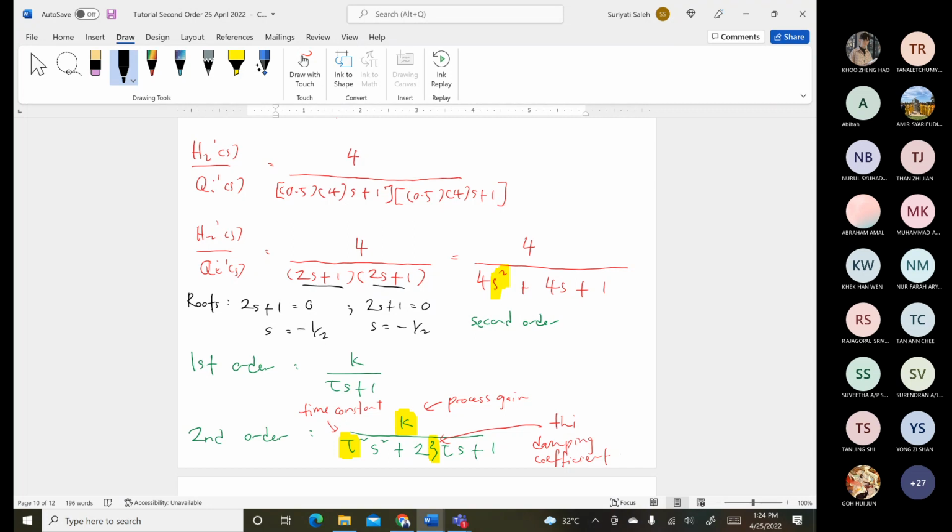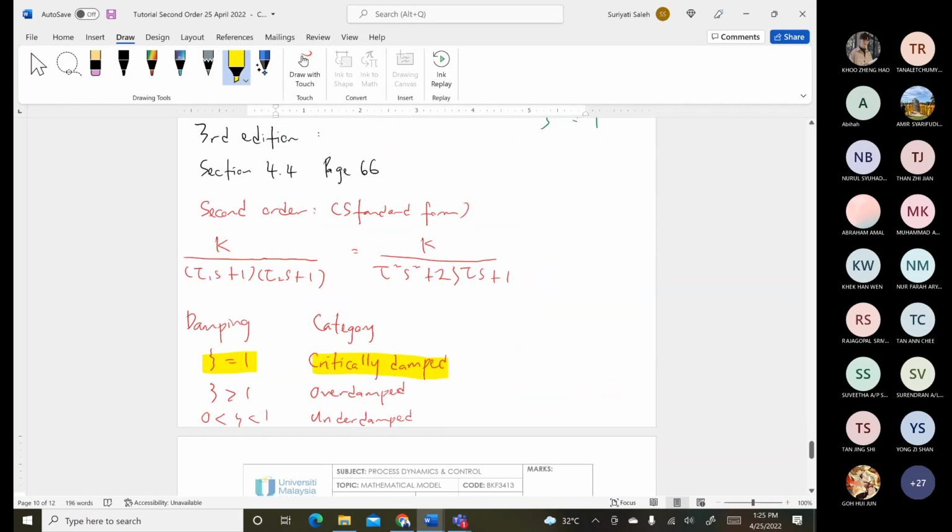So the value of s represents the roots, the possible s values if we equate it to 0. Based on this, you can see the roots are similar. When you have two similar roots, then it is automatically in the category of critically damped, where the roots are equal.